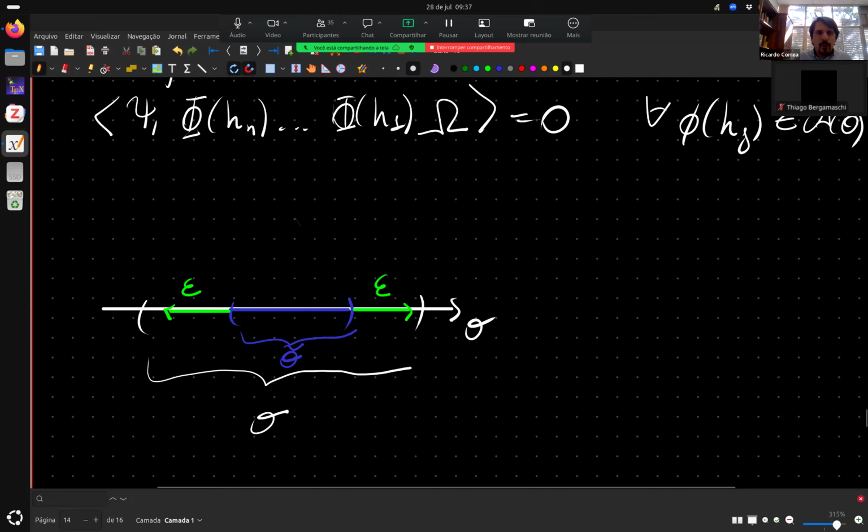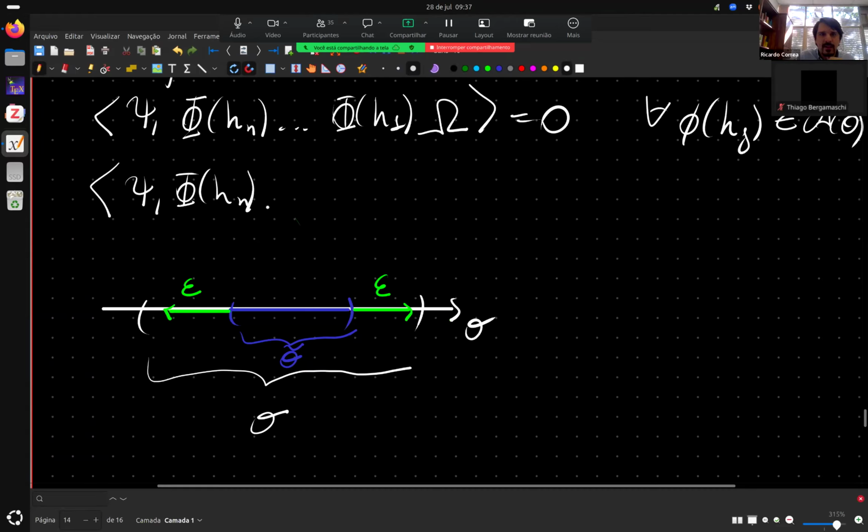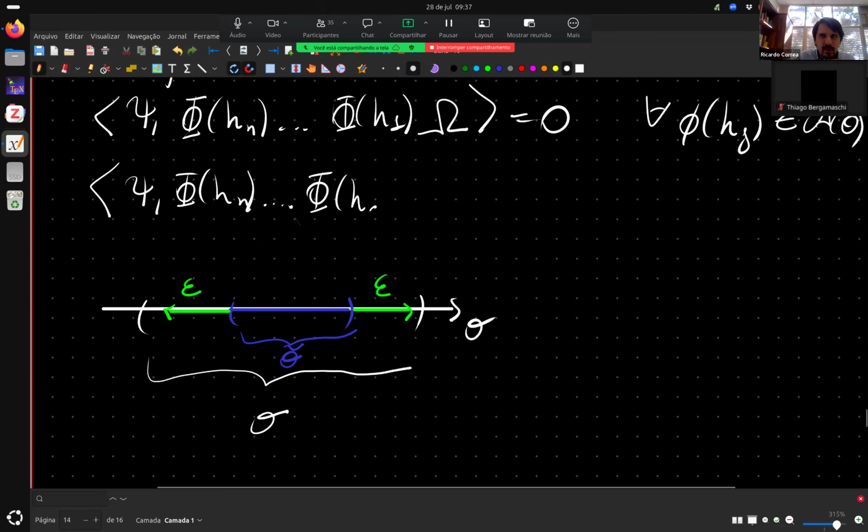Okay, so what do I obtain with that? That tells me that if I look at psi, phi of H1 up to phi of Hn, but then for the very last one I put some U, and U, remember, is the generator of my translation.